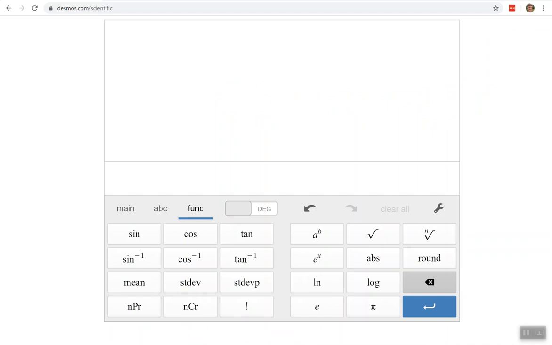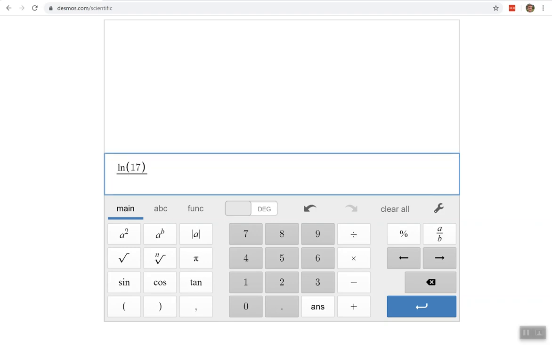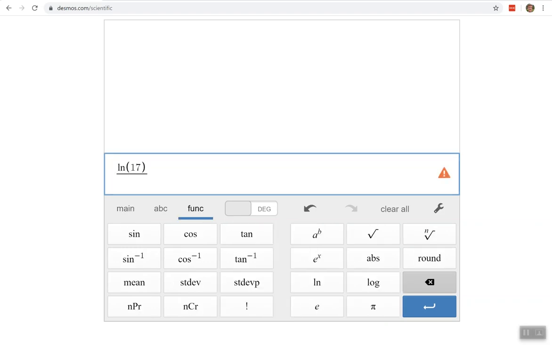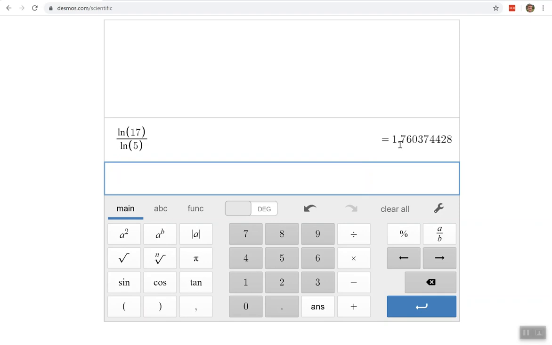We can come over and look at that calculator and see what it is. So if we type in the natural log of 17, and we divide that by the natural log of 5, then our answer is right here, 1.7604.